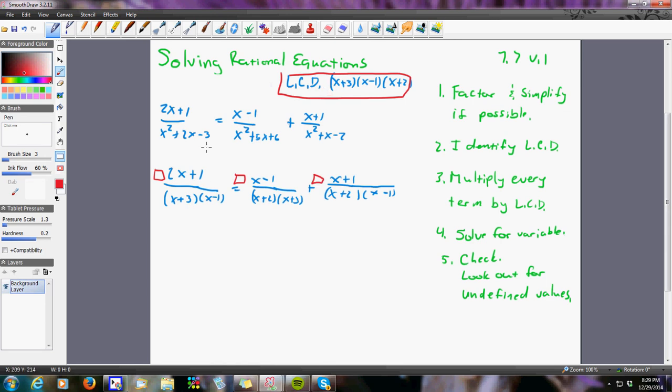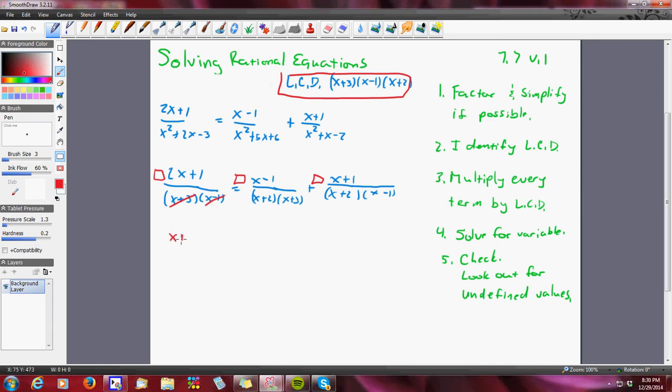When I multiply all of those, this and this will cancel out, and I'll be left with x plus 2 times the 2x plus 1. When I do this, x plus 2 and x plus 3 will cancel out, and it'll be left with x minus 1 times x minus 1. And when I do it here, the x plus 2 and the x minus 1 will go out. I'll be left with x plus 3 times x plus 1.